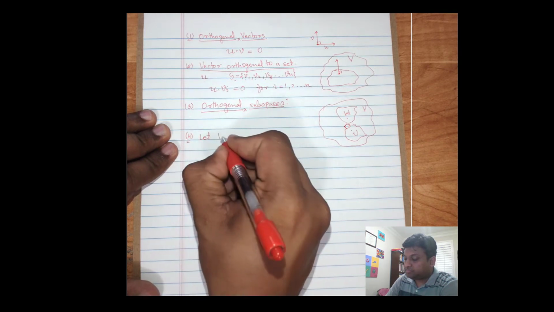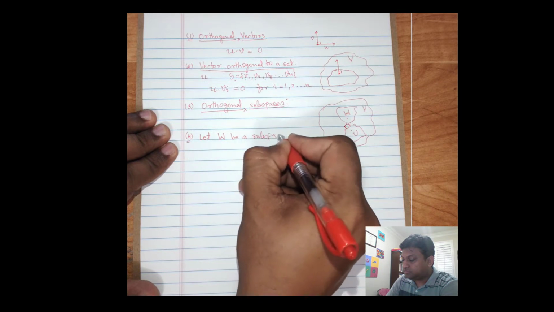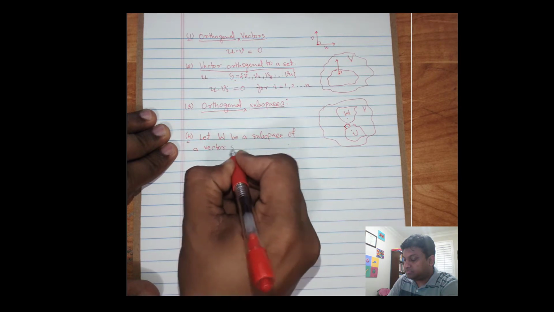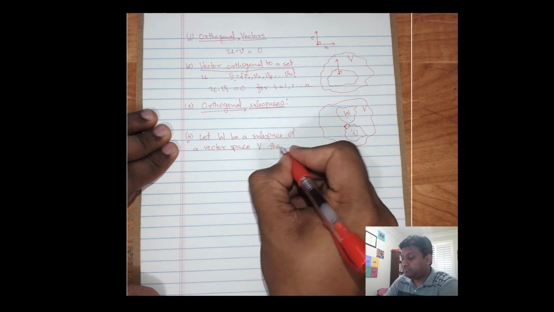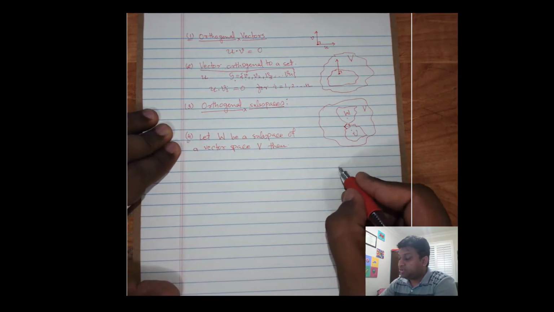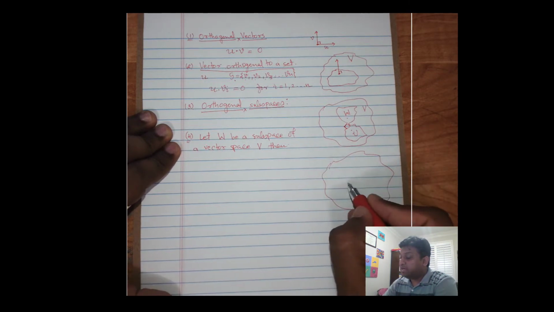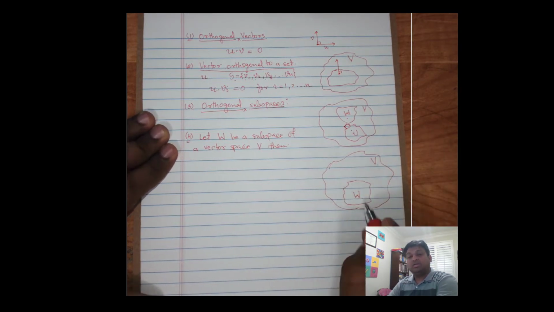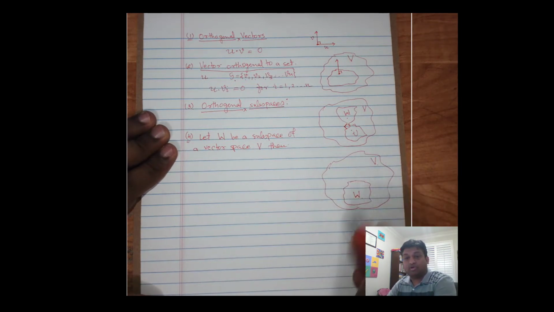Let W be a subspace of a vector space V. So you have a vector space V that satisfies those 10 amazing properties, and you have some subspace W of vector space V that is itself a small vector space inside that big vector space under the same operations.